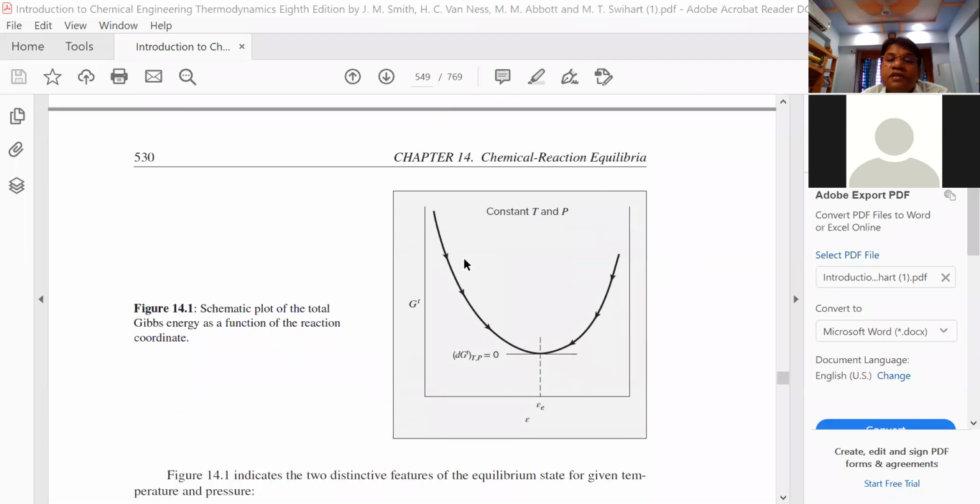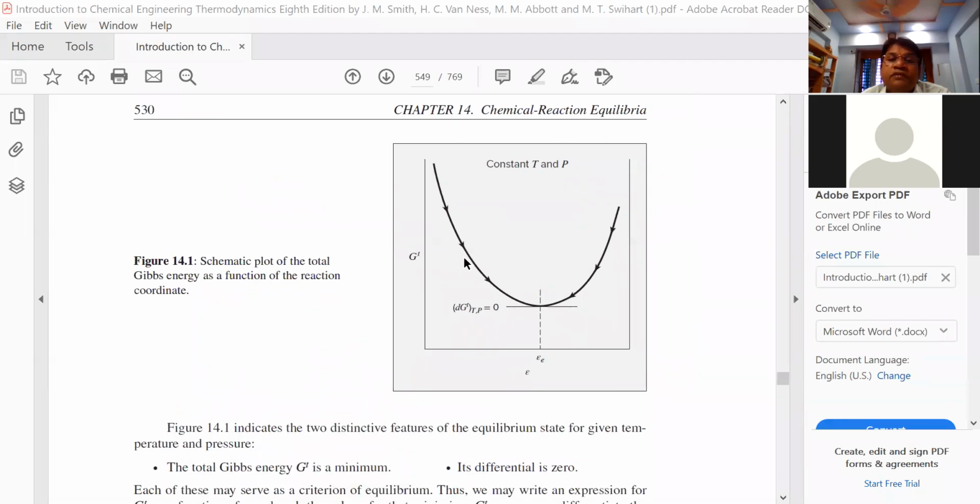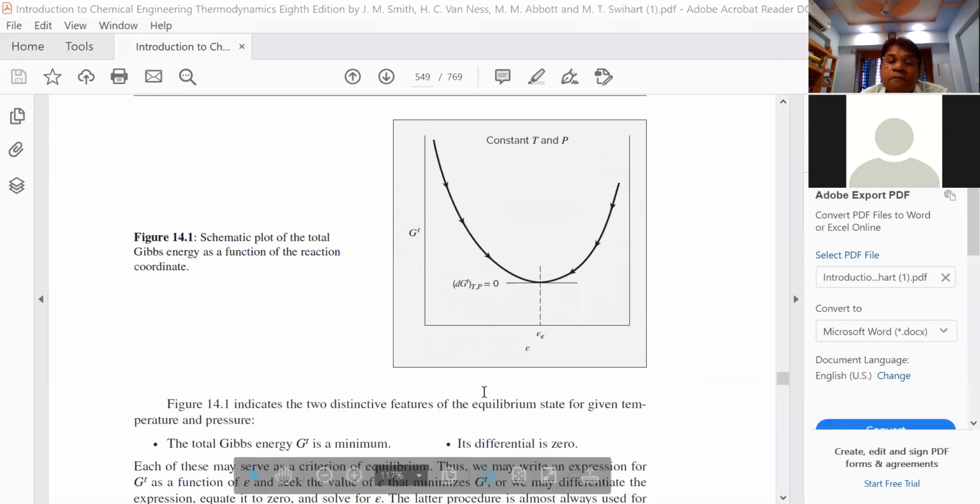So this is illustrated in this figure. You see, now the reaction started here. This is the reaction coordinate, x-axis, or it is the progress of the reaction. Here it is 0 or 0%, here it is 100% or 1, 0 to 1, or in percent it is 0 to 100%.